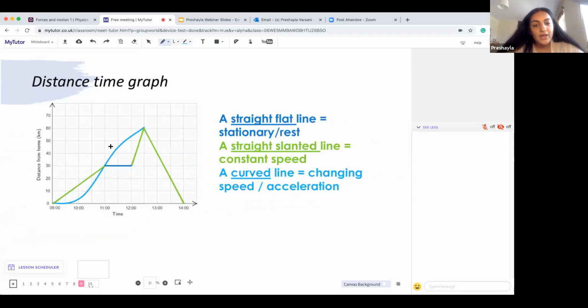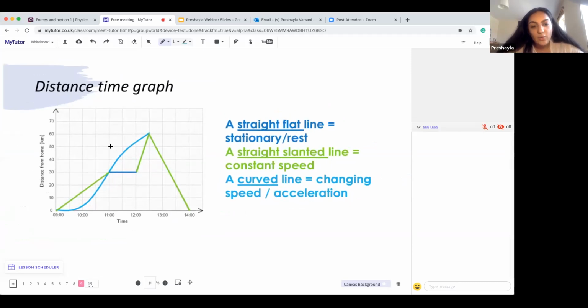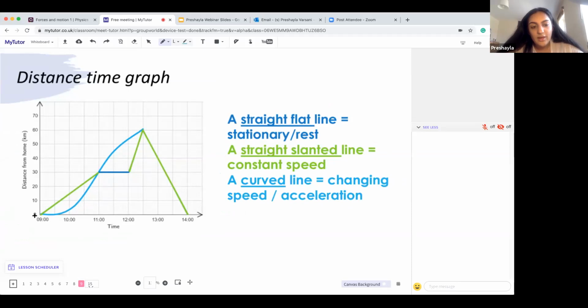So here shows you again what each feature of the graph looks like. So for a straight flat line, it's at rest. A straight slanted line is constant speed, which we can find out by finding the gradient.